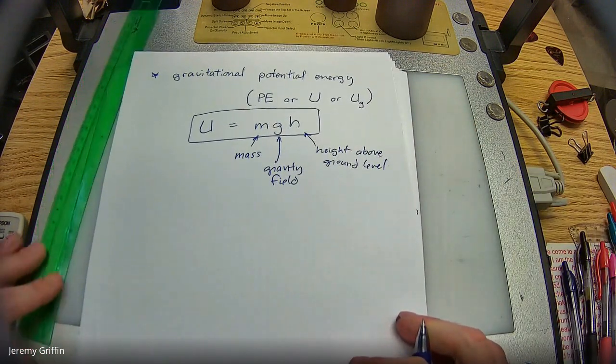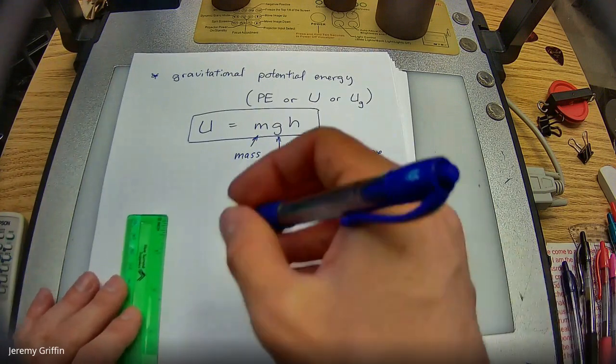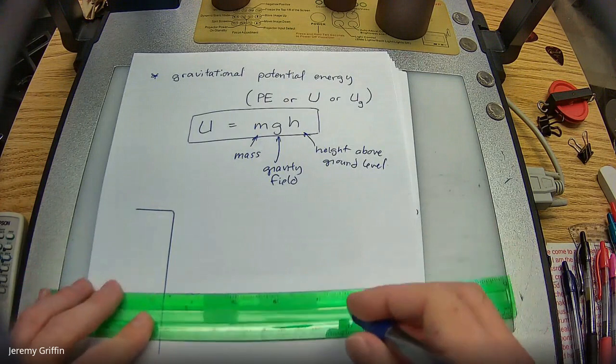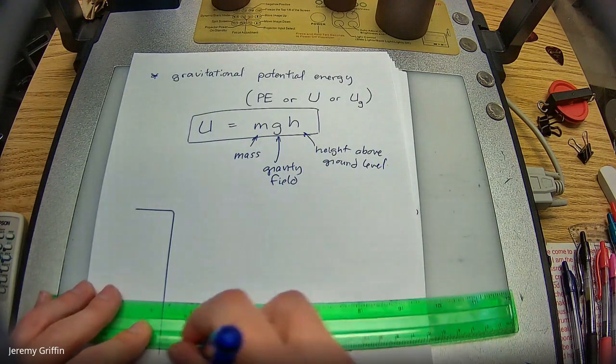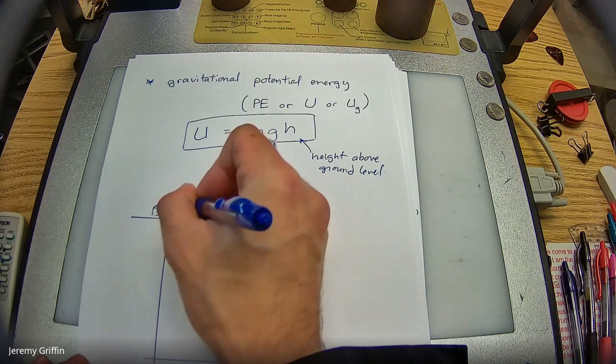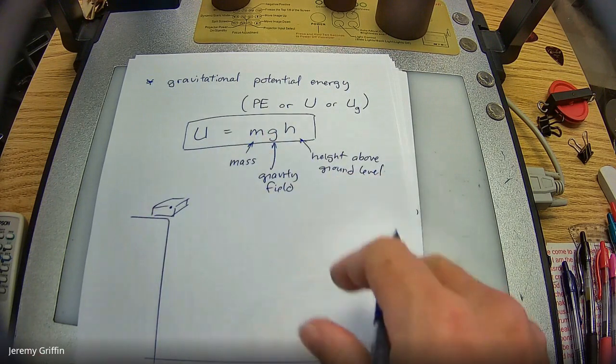So I'll draw a picture for you guys, and then we'll dig into exactly what and why and how this works. Take that textbook, just park it right on the edge of this table, right where it's teetering on the edge.